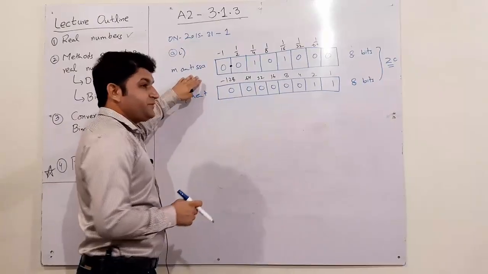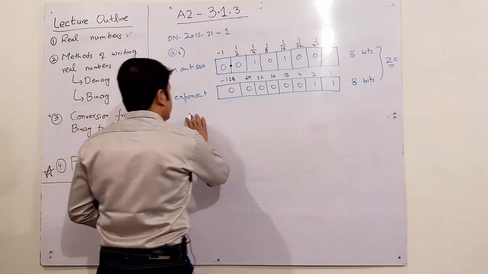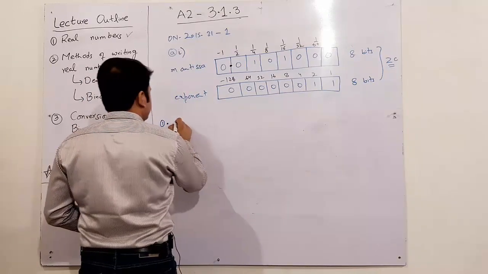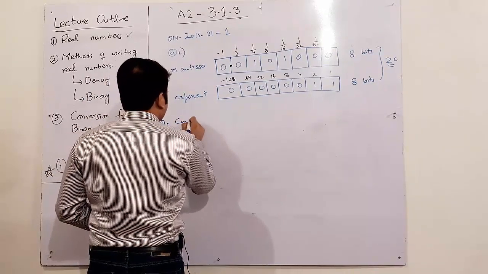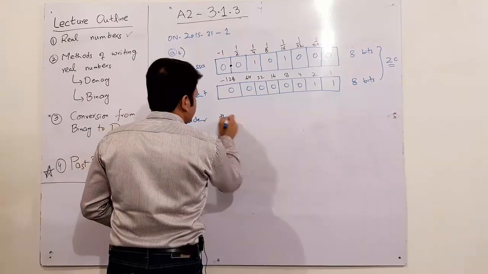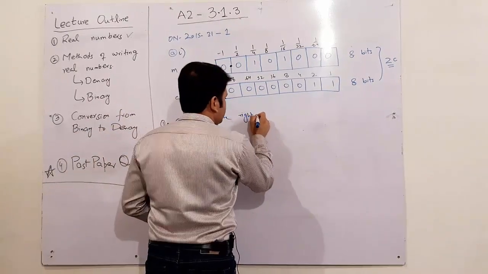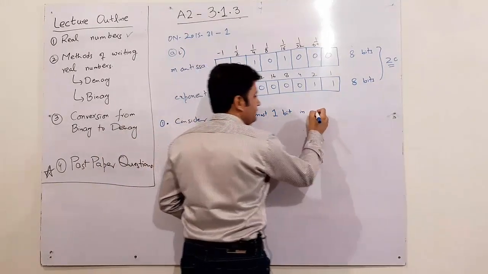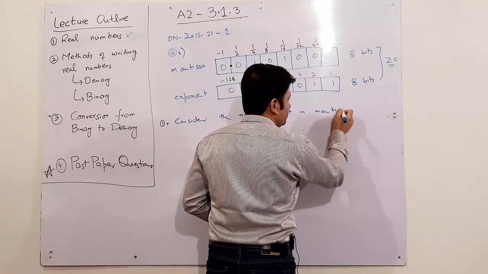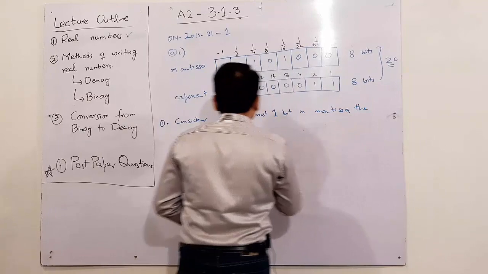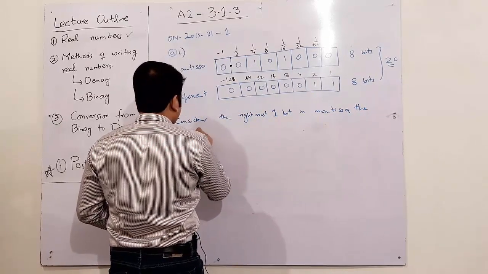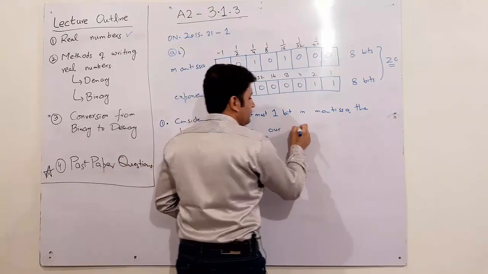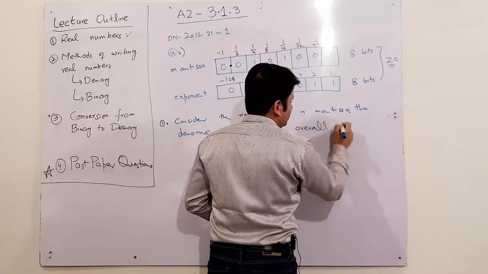So this is where our trick kicks in. Let me write down the trick part. So the first one is: consider the rightmost 1 bit in Mantissa; the denominator is our overall denominator.